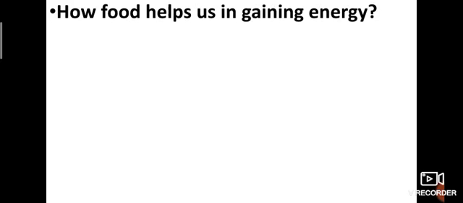Which gas do we release? Carbon dioxide. This oxygen, when transported to our cells, helps in breaking down the food. Which gas helps in breaking down the food? Oxygen.